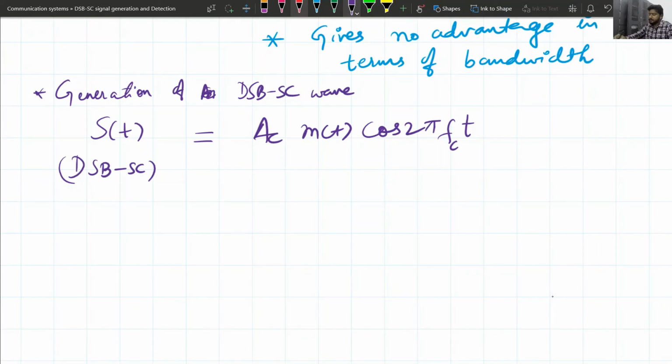So what we are doing here is that the message signal is multiplied with the carrier.